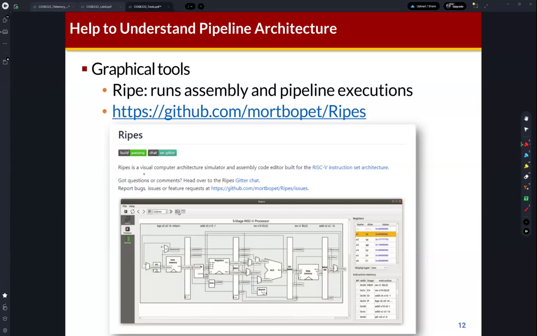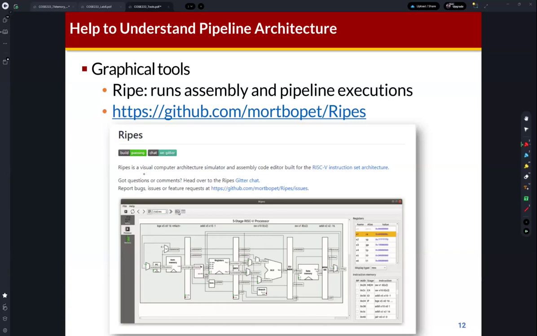You can run RIPES on your Windows machine or Mac machine, okay. And this is the graphical simulator, which means we can configure the RISC-V CPU using the single cycle model or the 5-stage pipeline architecture of RISC-V like this.